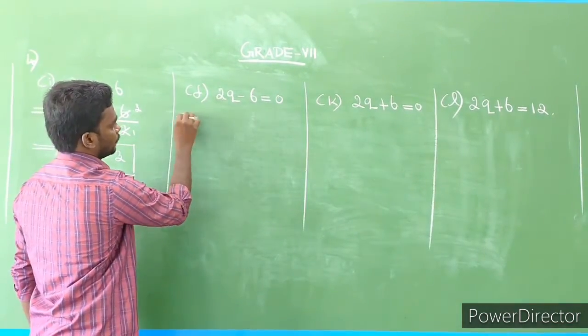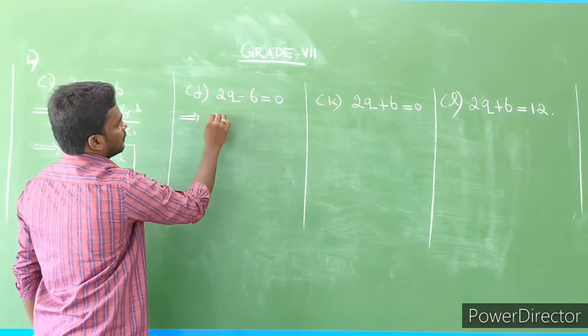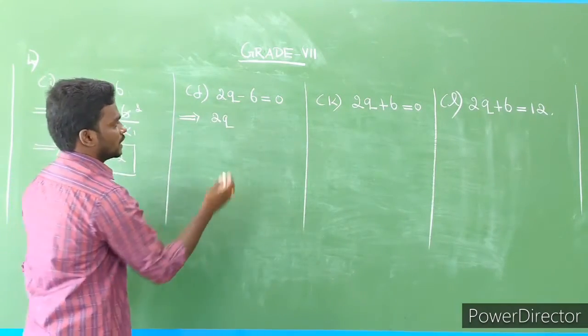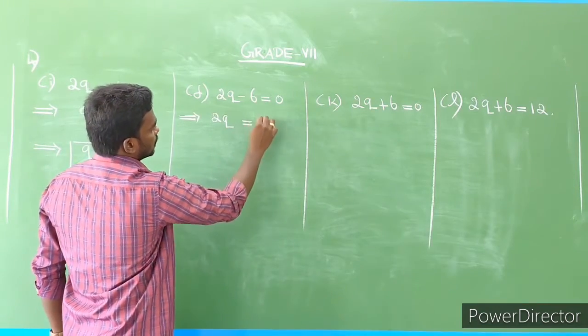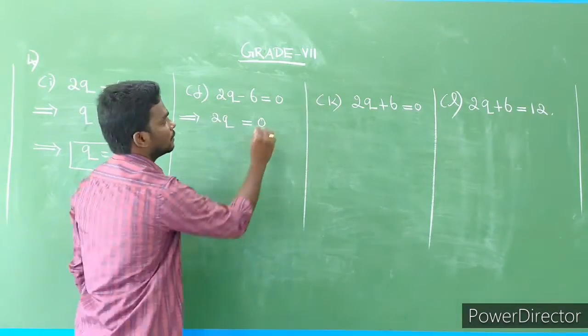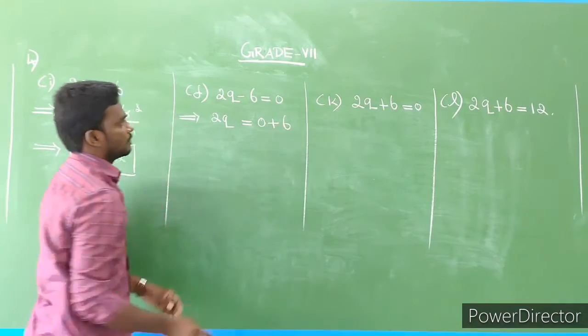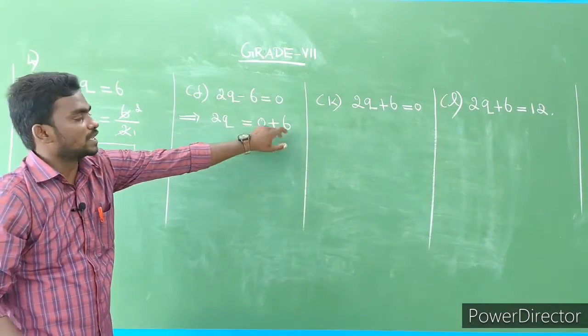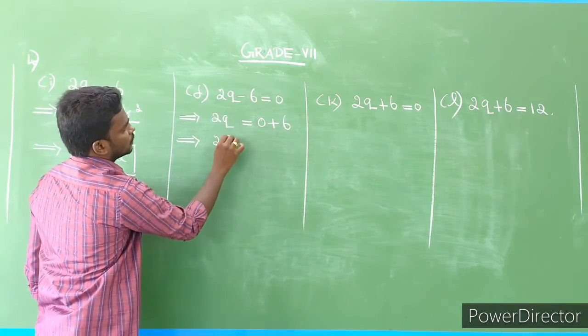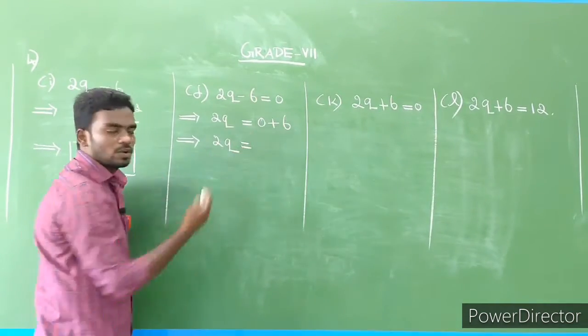How to solve this? Implies that keep the value 2q on the left side, which is equal to 0, and this minus 6 is transposing to, what is that? Plus 6. So this minus 6 is transposing to plus 6 on the right side. Implies that 2q is equal to, what is the value of 0 plus 6?